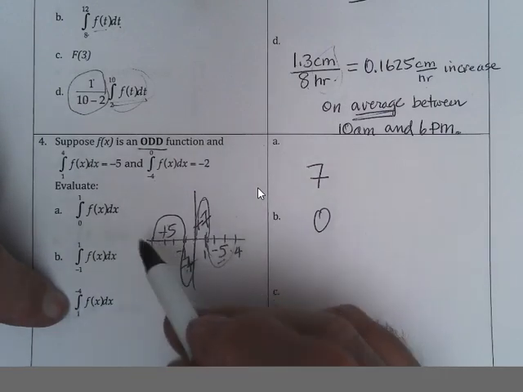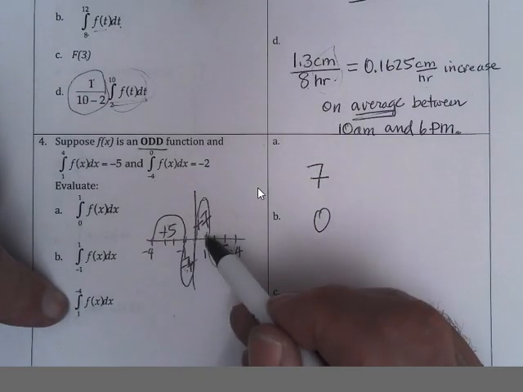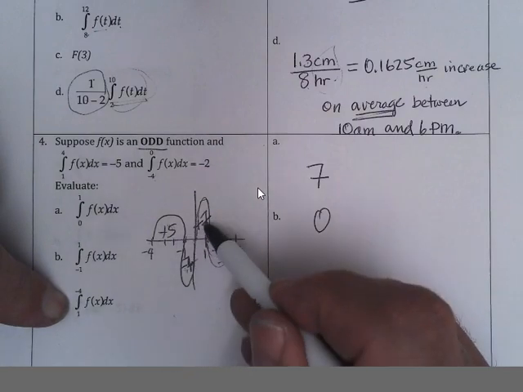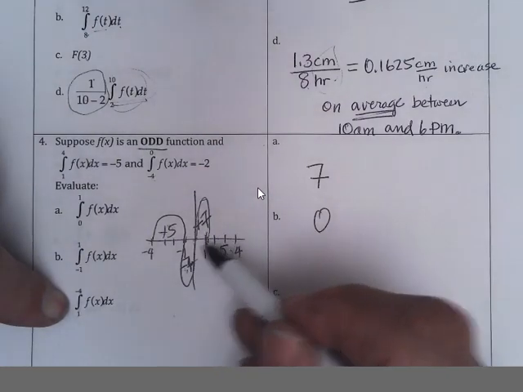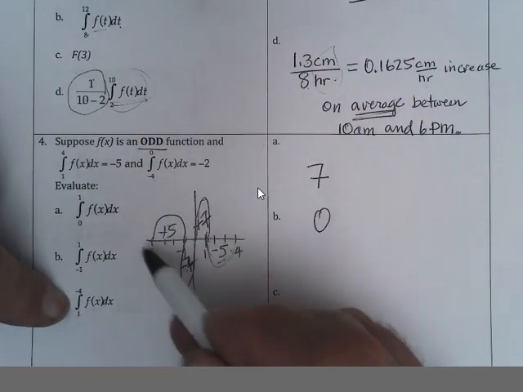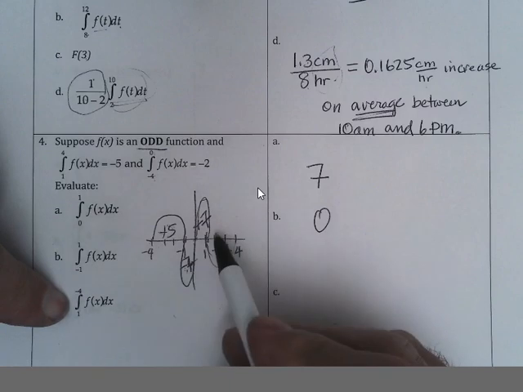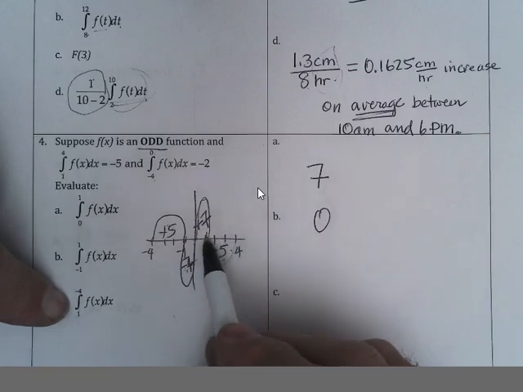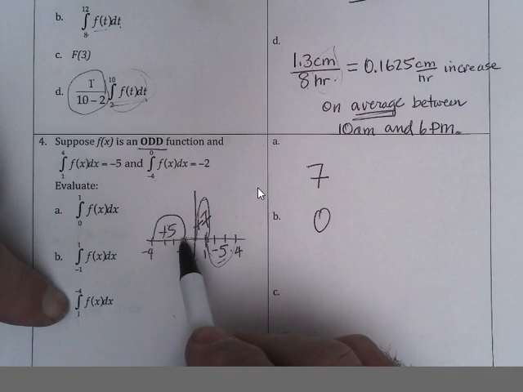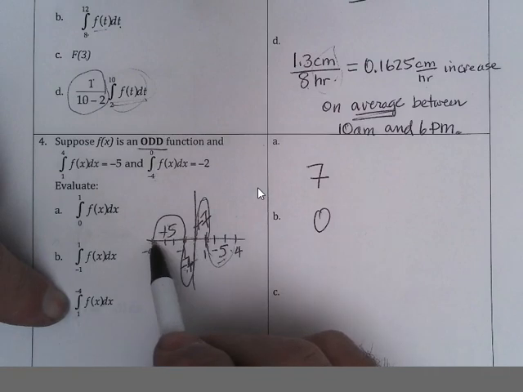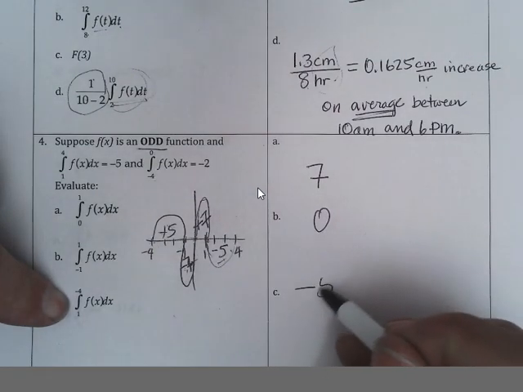It should say minus 4 to 1, and then it would be 5 minus 7 plus 7. But this goes backwards, so these distances are all opposite of what they should be. So it changes the sign of the answer, and it becomes minus 7 plus 7 minus 5, which is minus 5.